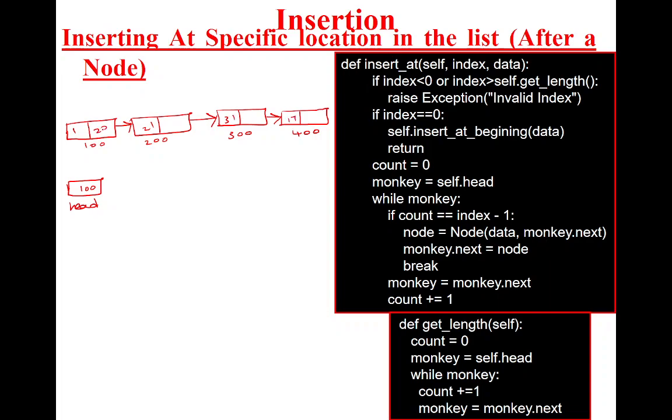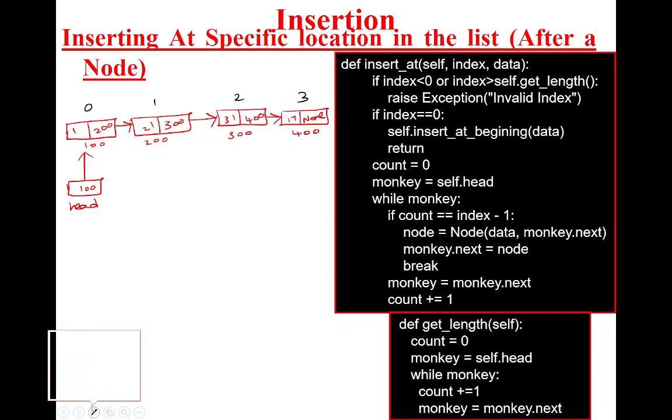So here the addresses will be 200, 300, 400, none. For your understanding, this is pointing over here. For your understanding, I am going to give the node number, the node index. This is the 0th node, first node, second node, node 3.